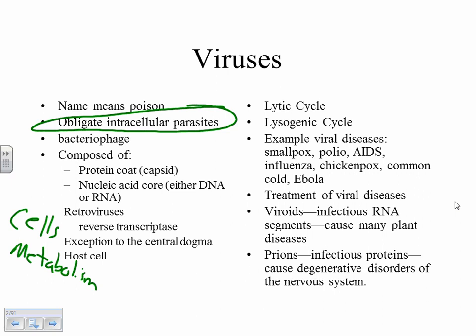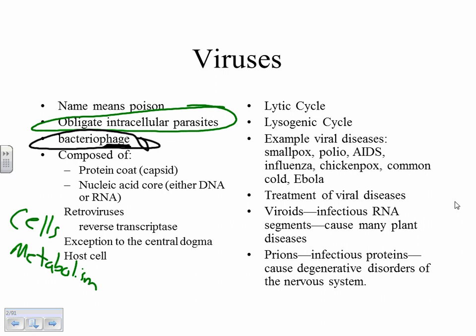Let's talk about a particular kind of virus for a second. This is the name for a kind of virus. Now let's look at that word. You ought to be able to figure out what that word means too. Literally, what does it mean? We've been talking about that word a lot with phagocytosis, right? It means eat. Eats bacteria.